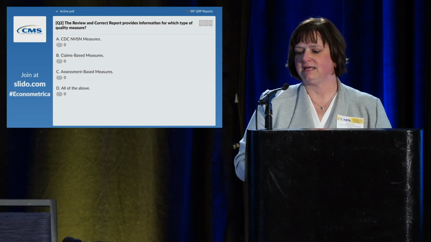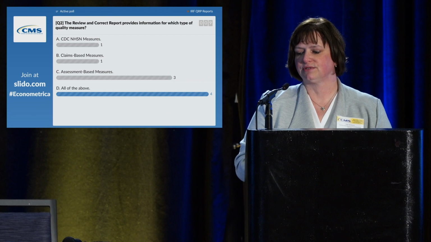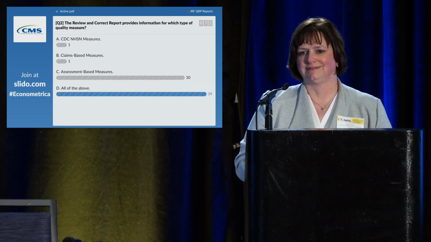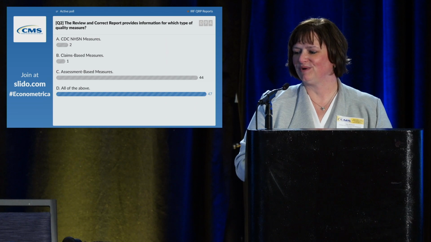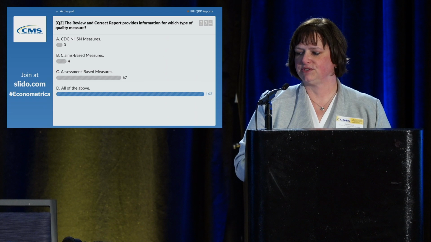Is it A, the CDC NHSN measures, B, the claims-based measures, C, the assessment-based measures, or D, all of the above? And I'll give you all a moment to register your answer. Still have a few coming in, so we'll give it a few moments.